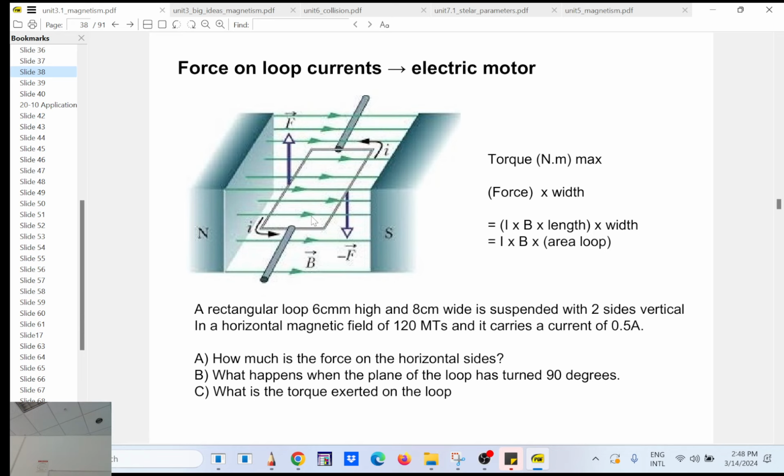So it wants to go south. That way. So this is north, wants to go to south. So it goes here, that way. Do you agree with that? Yes. Okay. So that will be clockwise. Right? Is that clear?